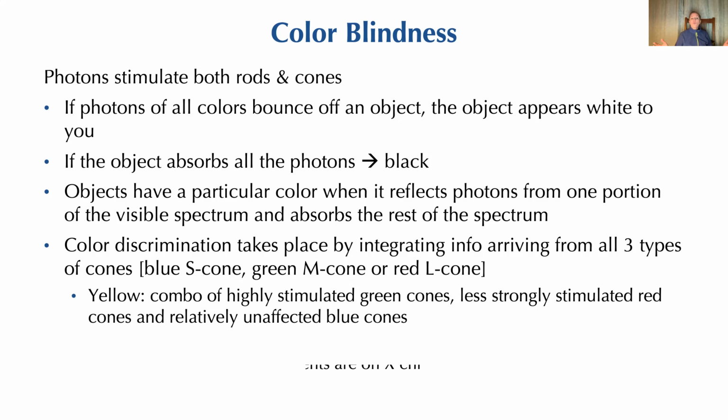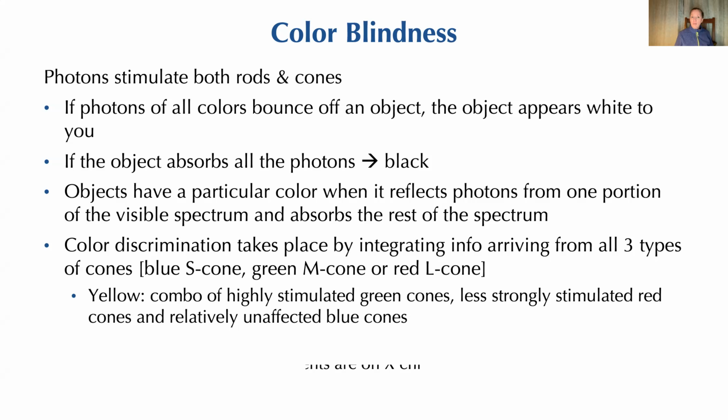Color blindness is when one or more of the cones are not functioning properly. So you can have a missing cone, like you're completely born without having any red cones, or you can have all the cones present, but maybe they're not functioning properly. Maybe they're not making the pigment that absorbs the light.